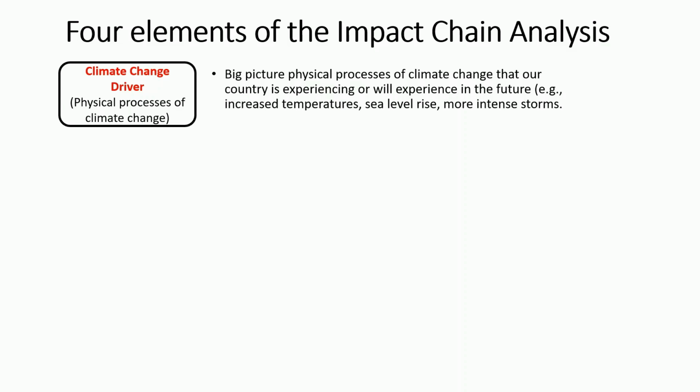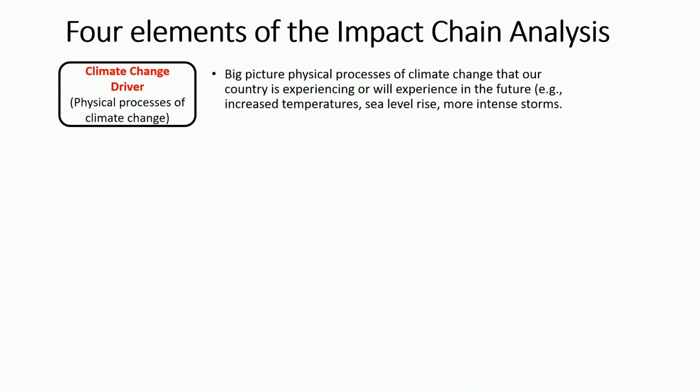These are the physical processes of climate change, the things that you can directly link to climate change. They're big picture physical processes of climate change that the country is experiencing or will experience in the future. And remember, these must be linked directly to climate change. So this includes things such as increased temperatures or sea level rise or more intense storms, changing patterns of precipitation.